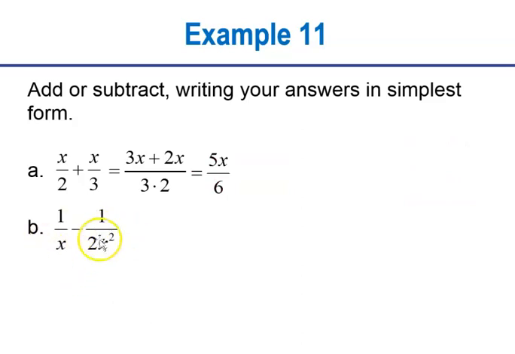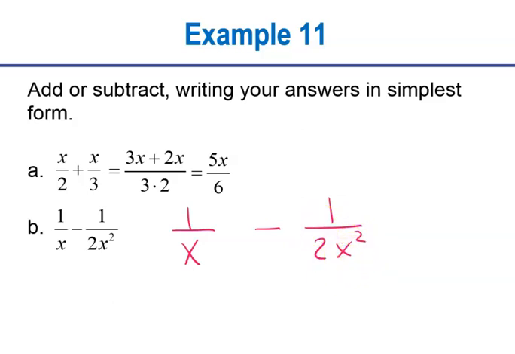Now the next problem B, there is a greatest common divisor other than 1. They both have an x in common. So rather than doing that cross trick that we just did, what I'm going to do is write the problem again, 1 over x with a little bit of space minus 1 over 2x squared. This x is already included over here.